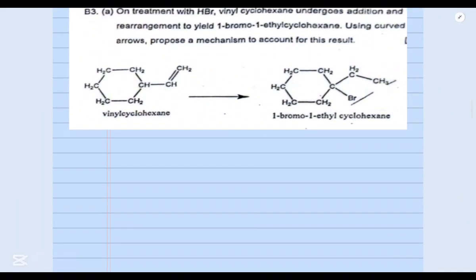So here, the first thing that you need to see is the starting material and the product. So let us write this in a skeletal form. One, two, three, four, five, six.